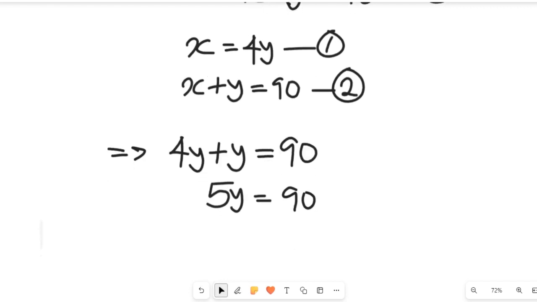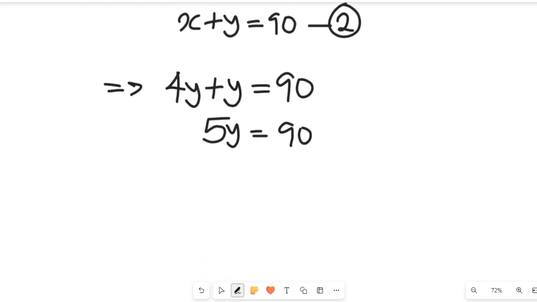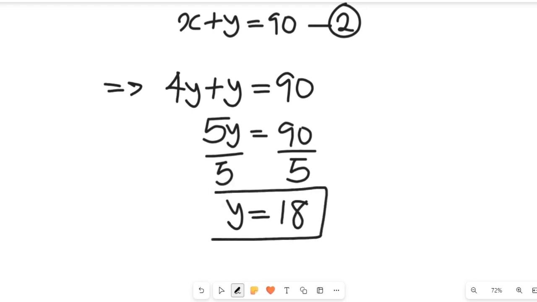We divide both sides by 5, and Y is equal to 90 divided by 5, which gives us 18. So Y, that is Audu's age, is equal to 18.